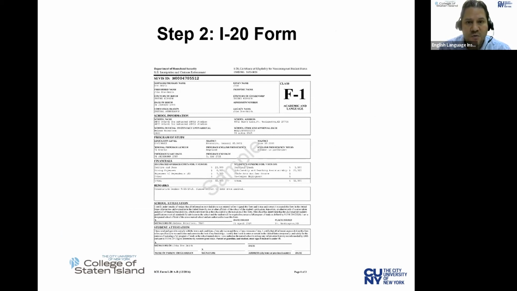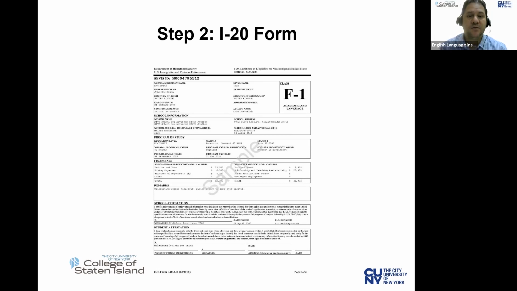And that's shown with a document that is called the I-20. So the school should be able to send you this document electronically by email. It's not mailed anymore. It's not mandatory unless you want the paper with an original ink signature, but it's not mandatory anymore.